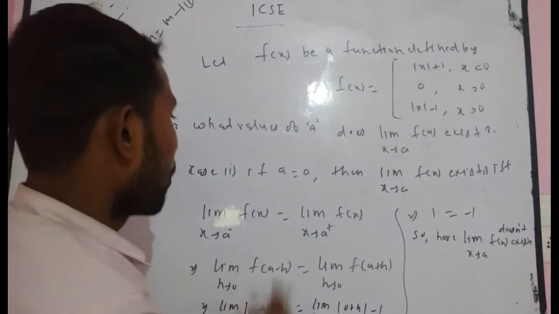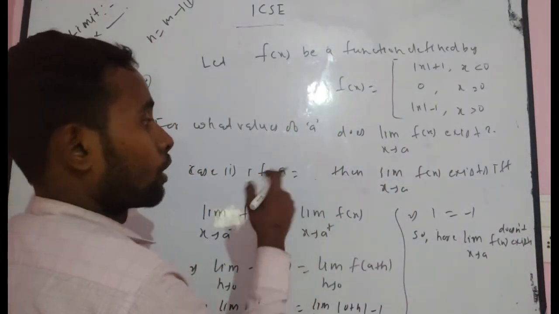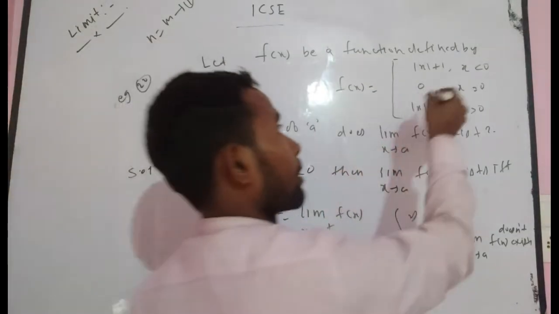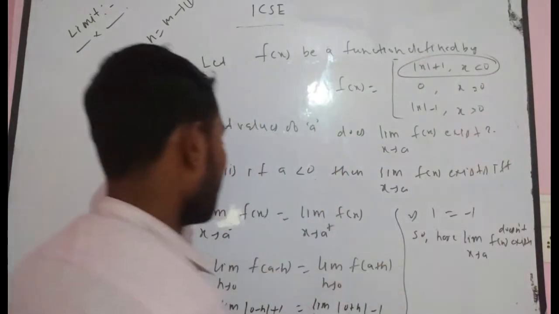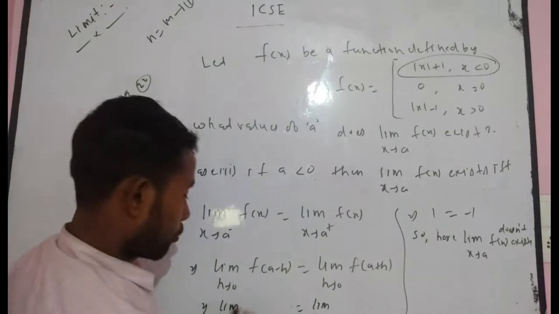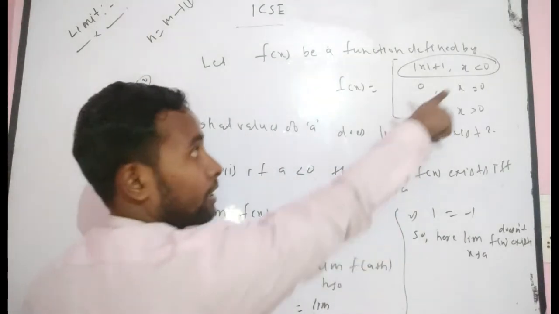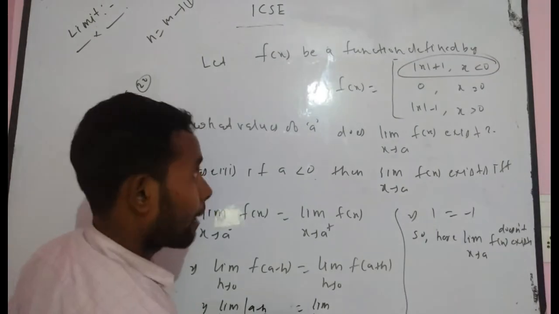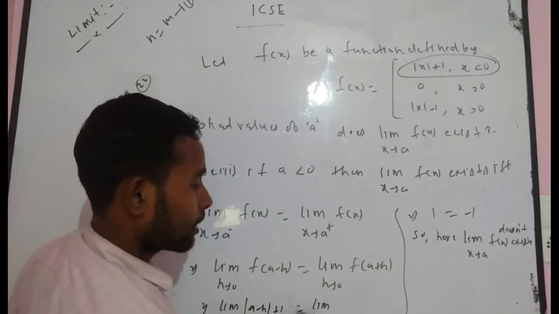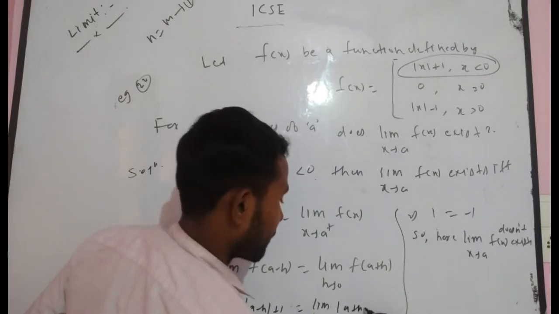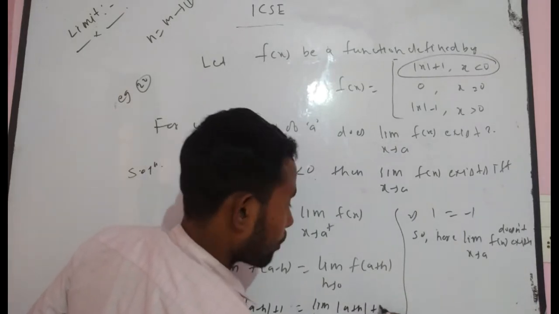In the third case, when a is less than 0, for this function you get different functions. In that case, you get a minus h, that will be less than 0. That means definitely you choose what? Mod a minus h plus 1 is equal to mod a plus h plus 1.